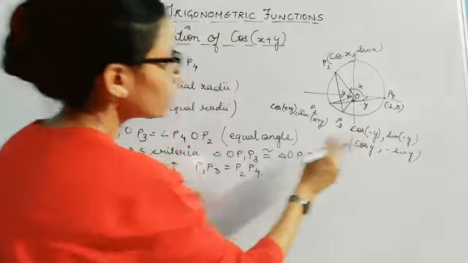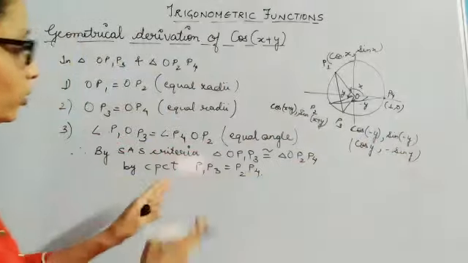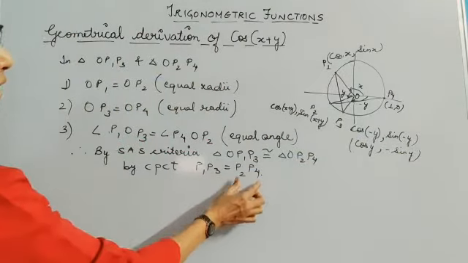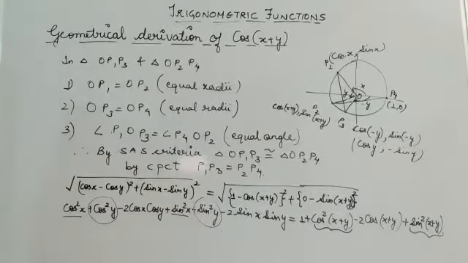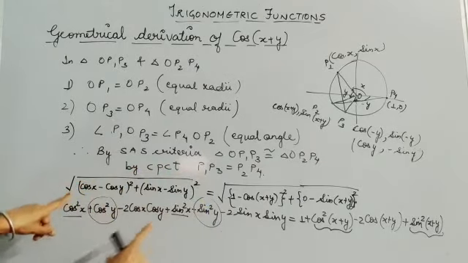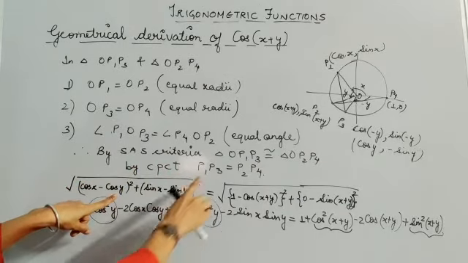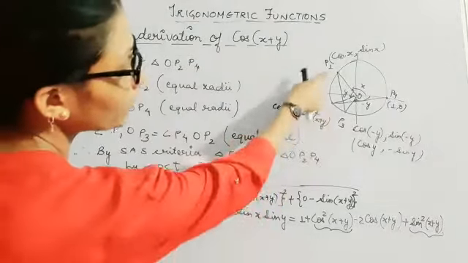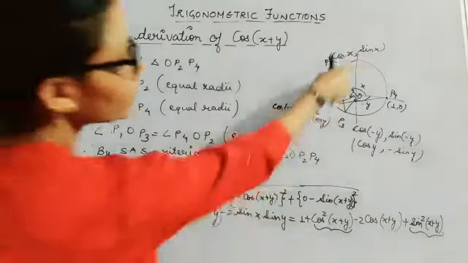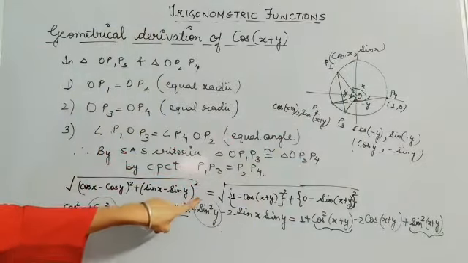Now just by writing these coordinates you can find out the distances P1 P3 and P2 P4. Now what I have done is I have just put the values in the distance formula, P1 to P3, that means (cos x minus cos y) whole square plus (sin x minus sin y) whole square.